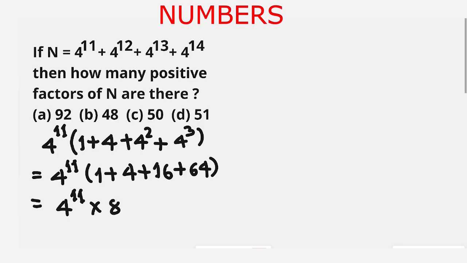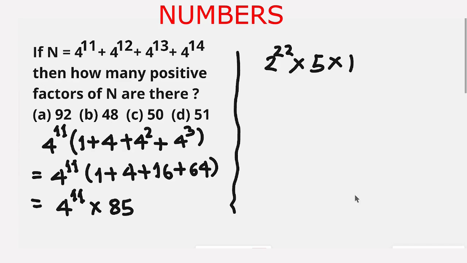So we write 85. Now we further factorize this number into prime factors. 4 to the power 11 can be written as 2 to the power 22, multiplied by 85, which can be written as 5 multiplied by 17. This can be written as 5 to the power 1 multiplied by 17 to the power 1.